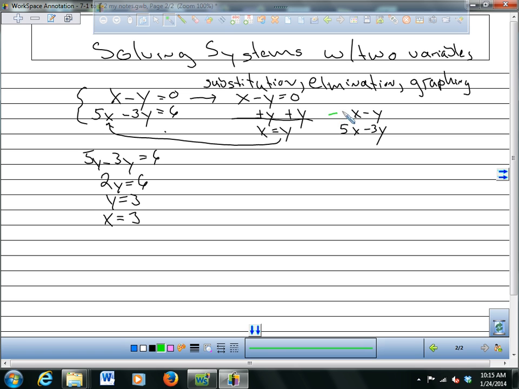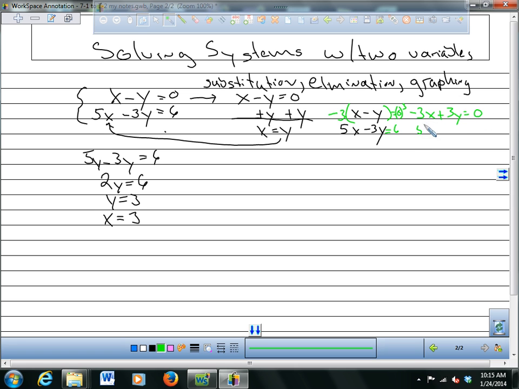So if I multiply this top one by negative 3, then this turns into negative 3x plus 3y. Whoops, I forgot my numbers over here. Equals 0, right? 3 times 0 is still 0. Don't forget you have to multiply both sides, right? So I have to multiply this side by 3 as well, but that's still 0.